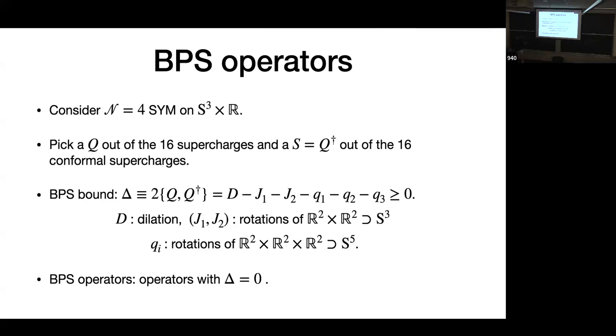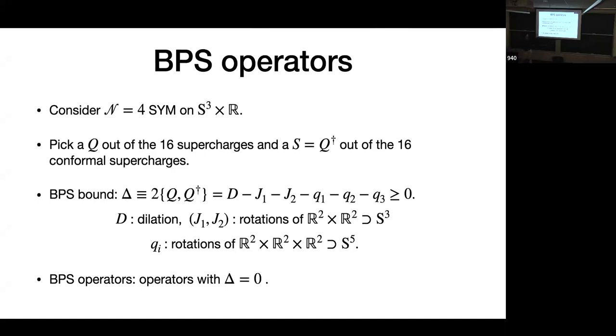Using the superconformal algebra, we know that this anti-commutator is given by a linear combination of some charges. The D here is the dilatation operator, and J1, J2 are rotation angular momenta. They generate rotations on R2 times R2, and this R2 times R2 contains the S3.